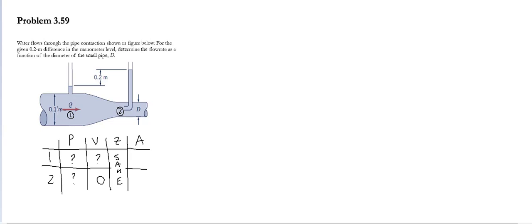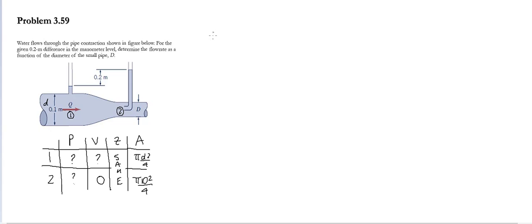The area in each case is going to be pi d squared over 4, and for the time being, I'm going to label this small d. So then we'll substitute the values.